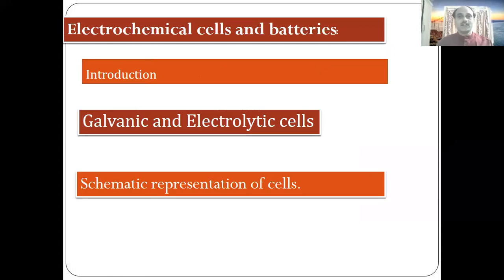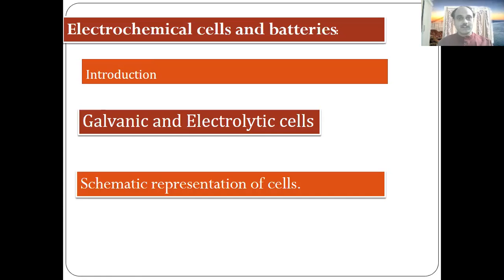The syllabus in this electrochemistry contains electrochemical cells and batteries. You have background knowledge that you have studied in electrochemistry in the undergraduate courses, the fundamentals of the electrochemical concepts behind electrochemical cells and batteries.